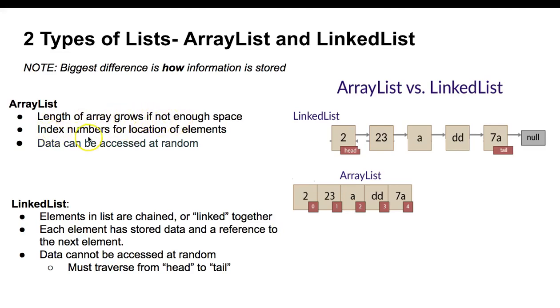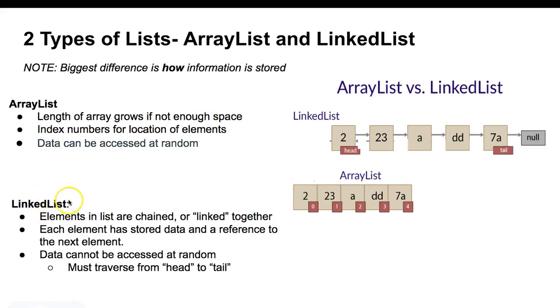We're still using index numbers to locate and search for different elements, so we can find index element 2, index element 0, 4. We can go back and forth. We can access it at random. And if we needed to add another element, boom, then we would just have index element 5, and if we needed to add more, so on and so forth. We can keep growing this list if there's not enough space.